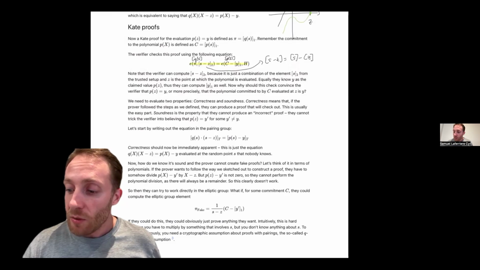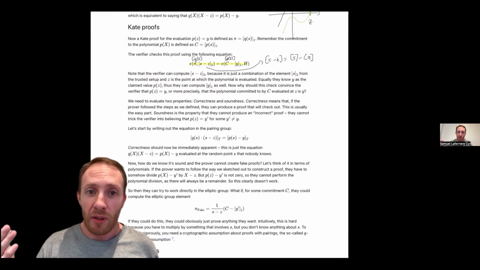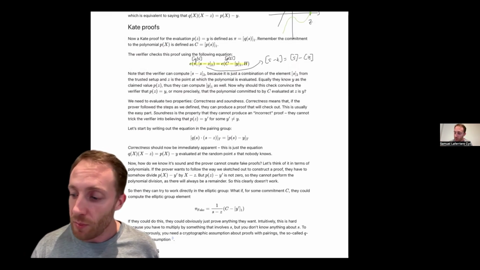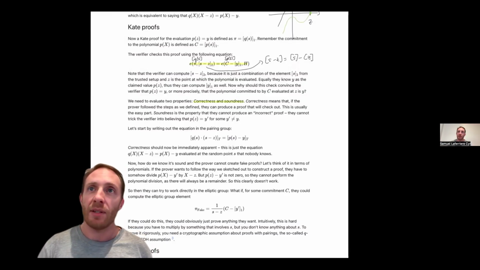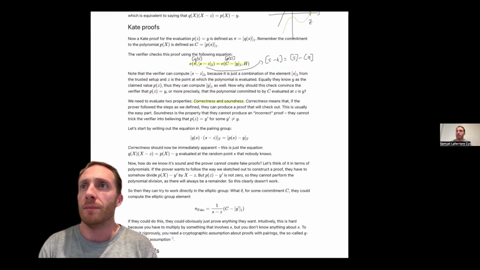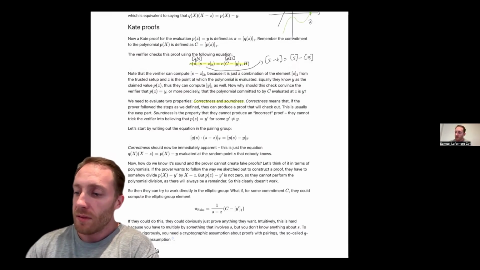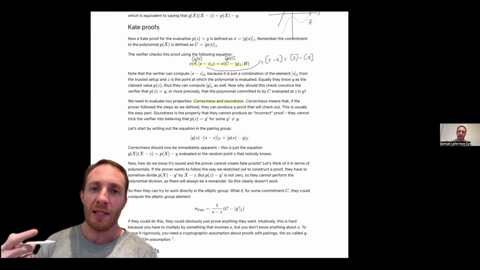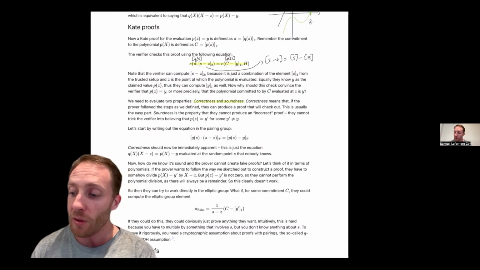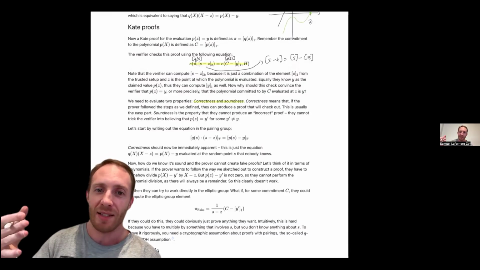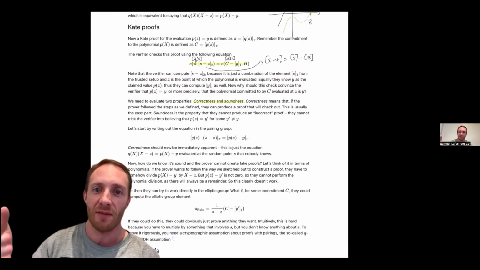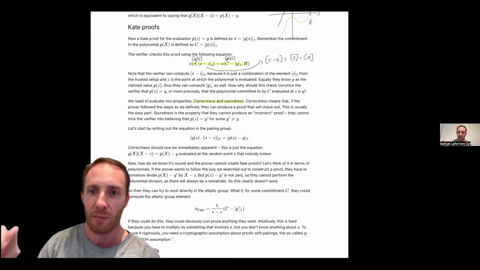So then the question is, why does this work? We need to prove two properties, the correctness and the soundness. The correctness just means that as a prover, if I follow the steps properly, I can actually correctly convince the verifier that that is the correct point.